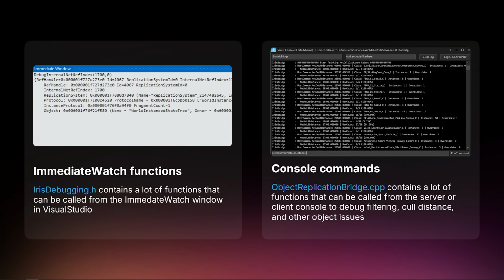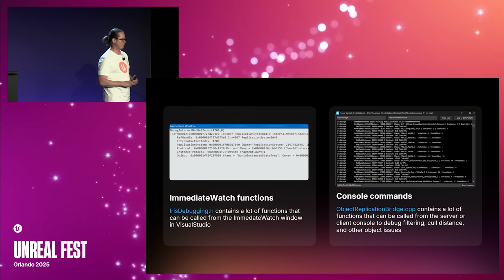For runtime debugging, we have a few functions you can call from the immediate watch window, for example, to print state and other things. Very handy. They're located in IrisDebugging.h. And we also have some console commands to help you debug filtering issues and cull distance issues. They're located in ObjectReplicationBridgeDebugging.cpp, despite what it says there.